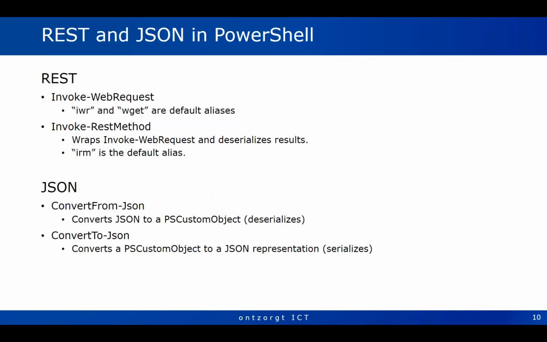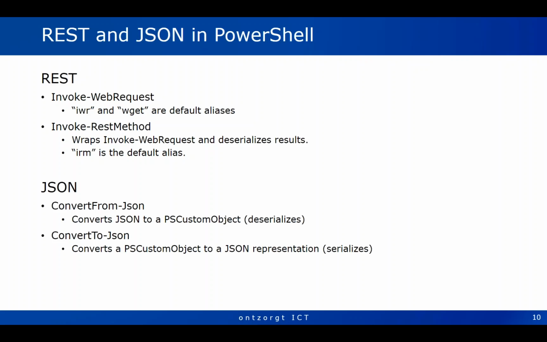Also in version 3, to go along with that Invoke-RestMethod commandlet, are ConvertFrom-Json and ConvertTo-Json. So this allows us to serialize and deserialize from PowerShell objects into JSON and vice versa. So if we wanted to issue an API request to the Nitro API to get us the load balancing virtual servers that are available within the NetScaler, that gets returned as JSON.